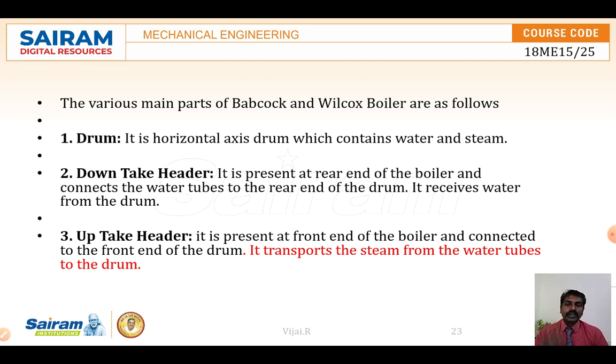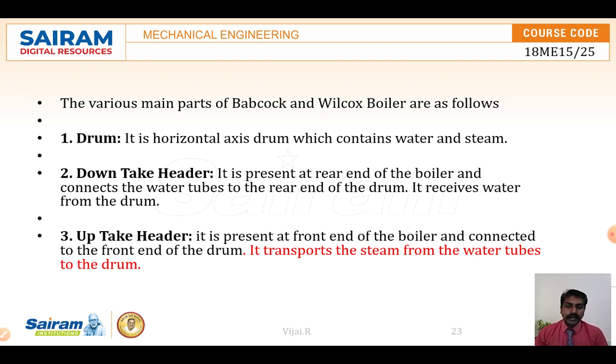The various parts to concentrate on are: the drum, where the water is filled. The downtake header is at the rear end of the boiler, connected to the water tubes, and it receives water from the drum.